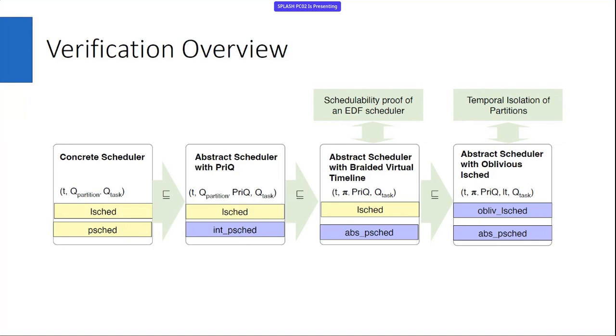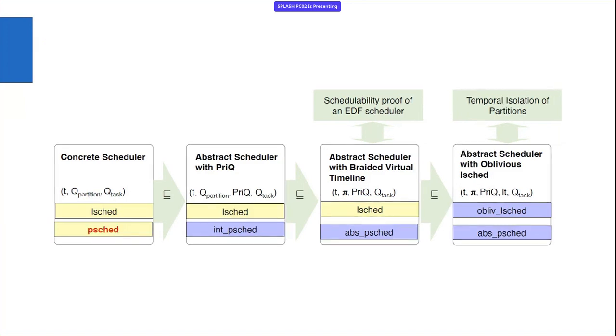From that, we can deduce that the particular set of tasks is indeed schedulable. And from that, we can show that given a particular local scheduler, they still support temporal isolation.